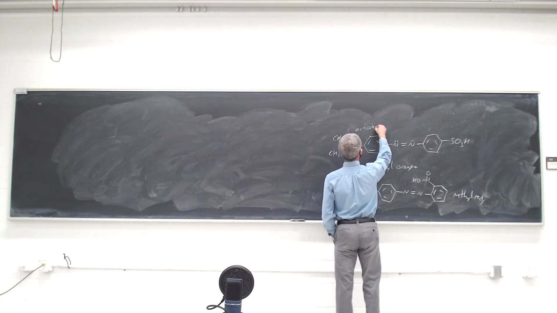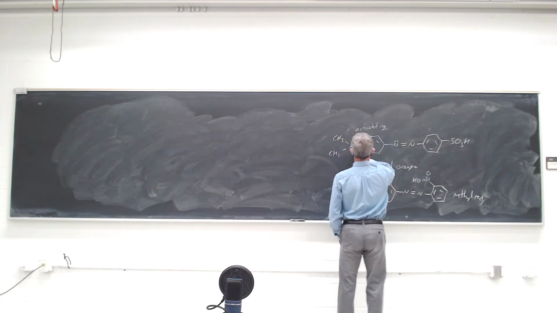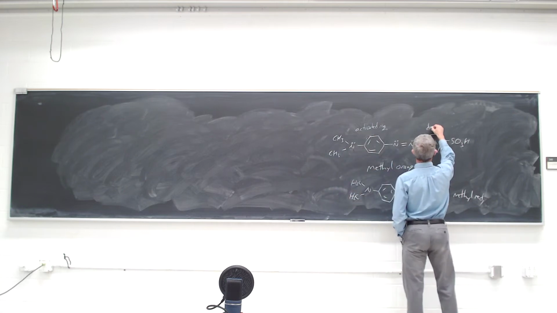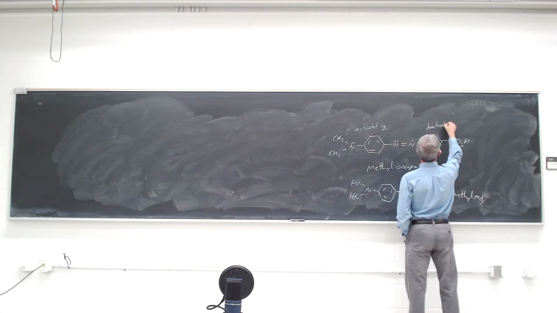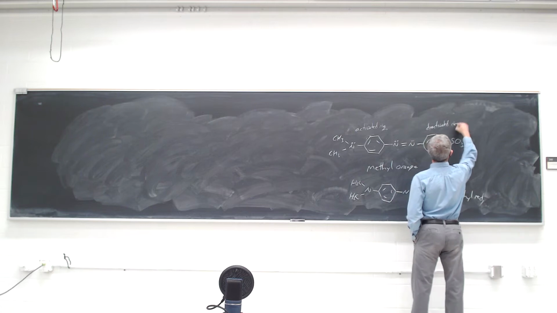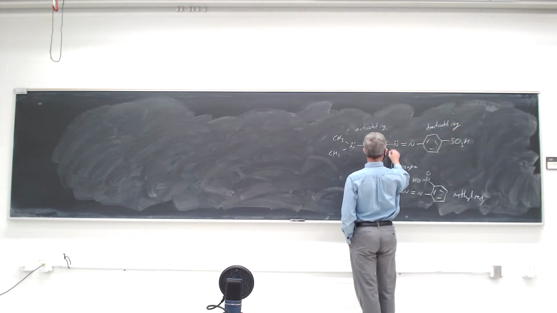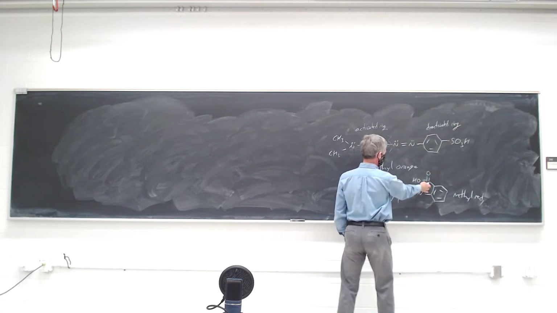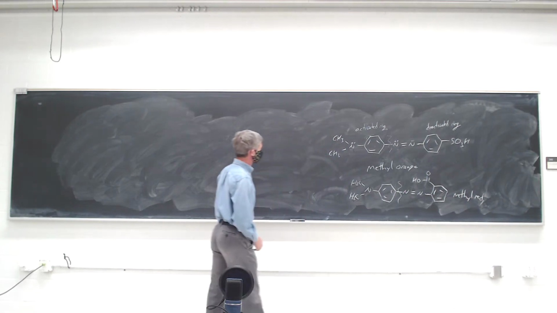So this is an activated ring because of a dimethylamino group, and this is a deactivated ring. So the disconnection would be here. Same, right? Deactivated ring with a different deactivating substituent.